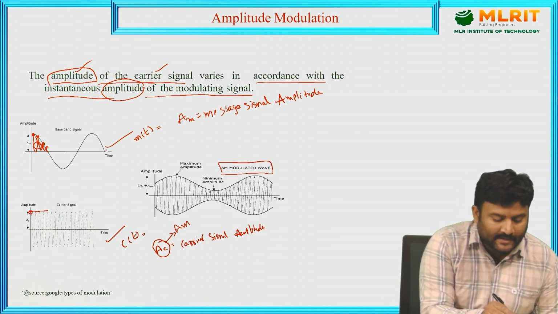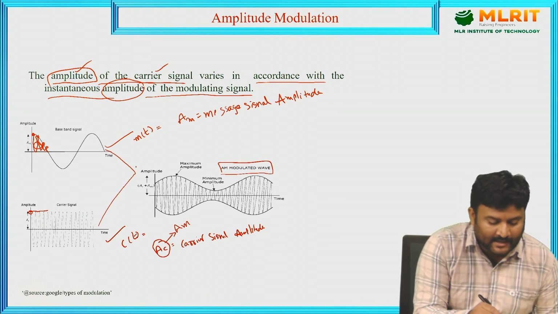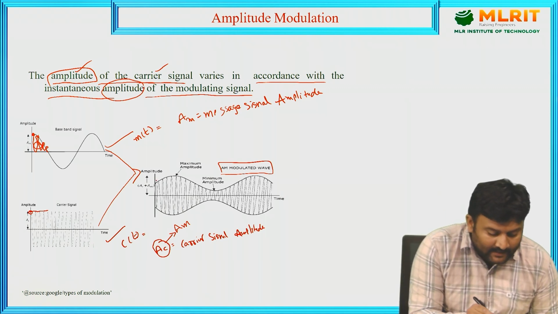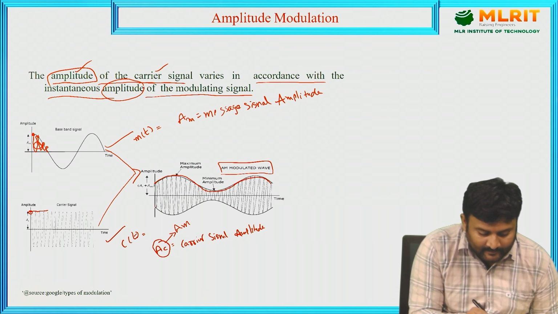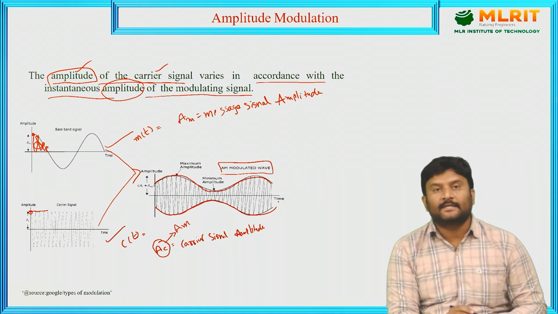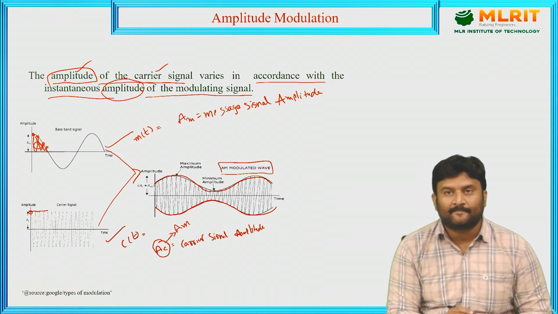When I combine this message signal and the carrier signal, I get this waveform. Observe here, this is the message signal, our low frequency signal, our information signal, also called the baseband signal.